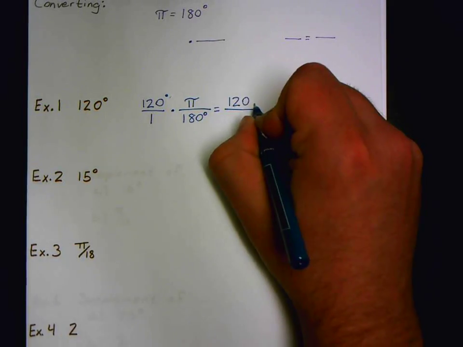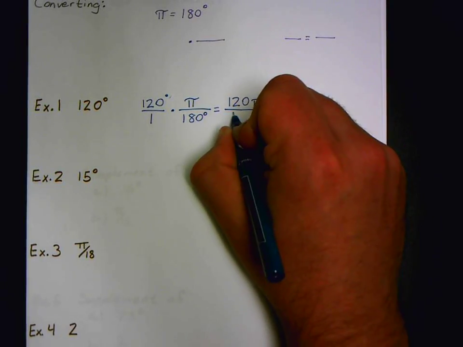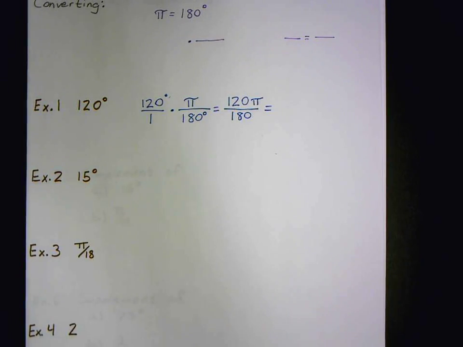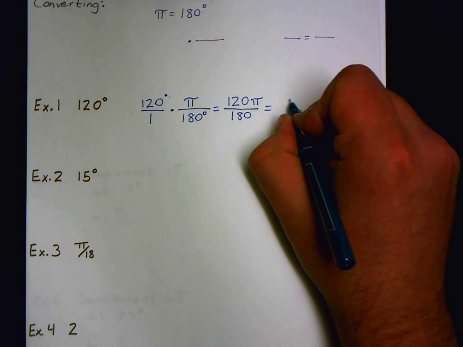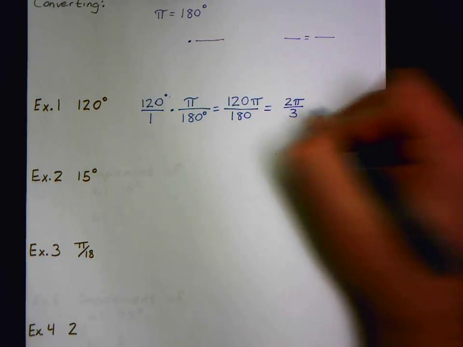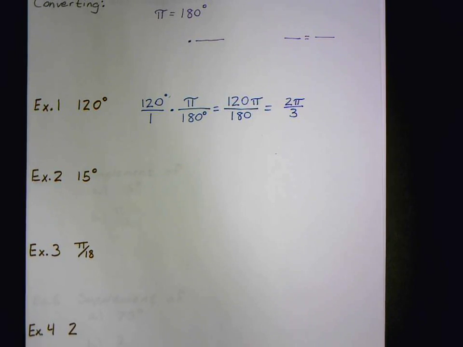So my degrees cancel out. And then all I need to do is reduce my fraction. So 120 over 180 is 2/3 pi. There I go. I converted 120 degrees into radians.